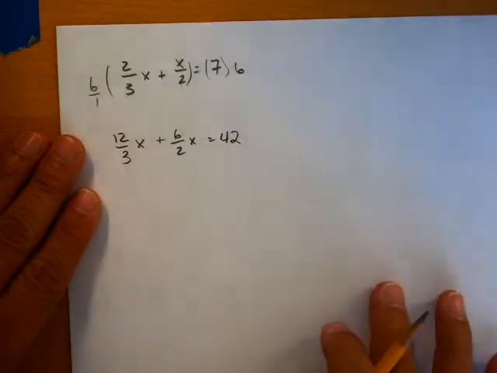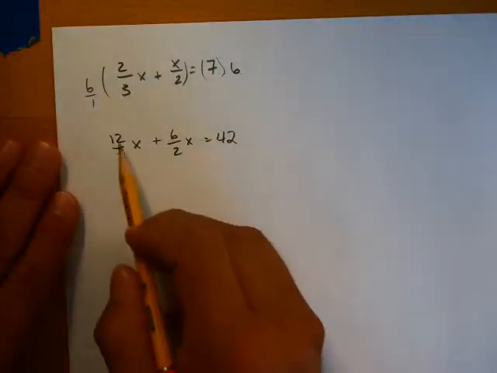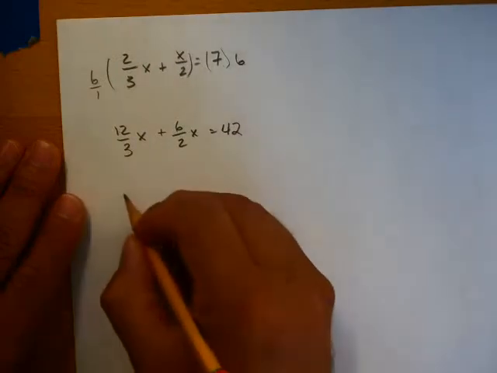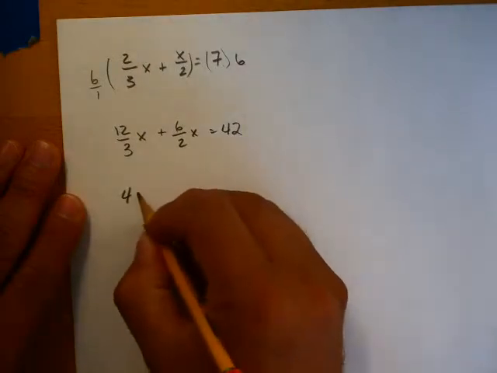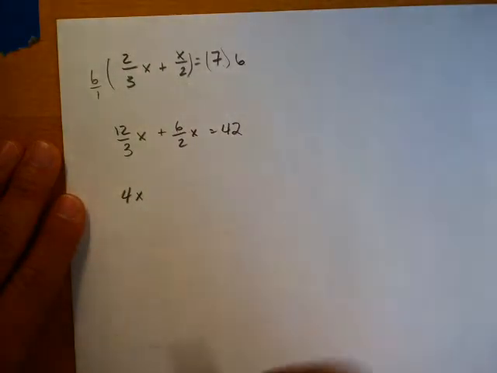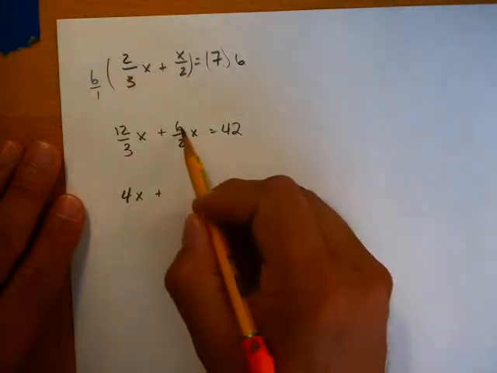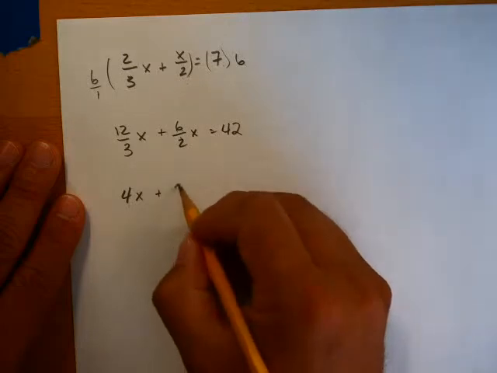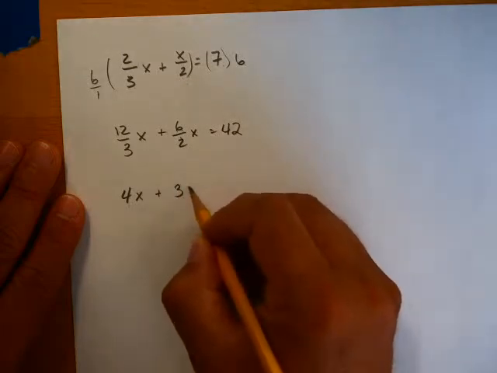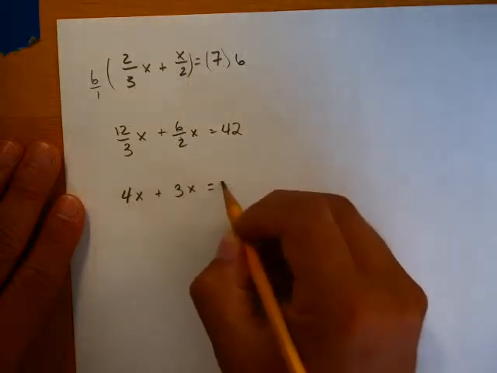That's a difficult one. Now I can reduce this. 12 thirds is really equal to 4 times x. Plus 6 divided by 2, which is really 3x. And now we have 42.